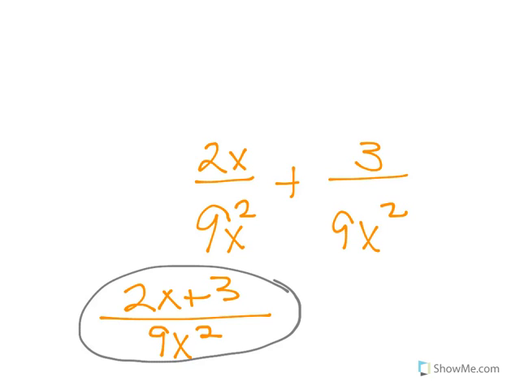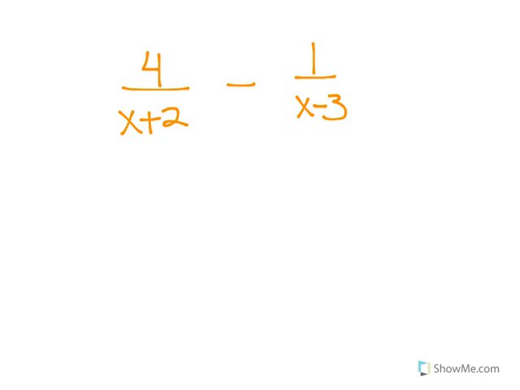We have one more example. This one will be a difference, and it's a difference of the rational expression 4 over x plus 2 minus the rational expression 1 over x minus 3. This one, really there's no way to create a common denominator other than to multiply by a funny form of 1 that is the binomial from each of the opposite expressions in our difference.